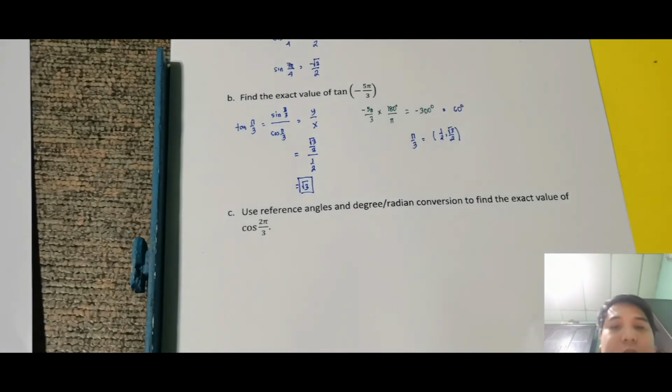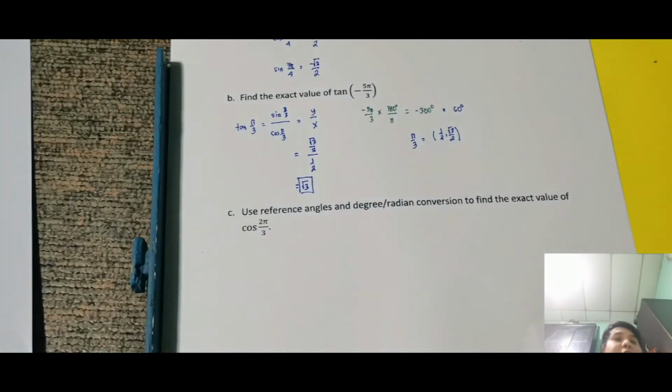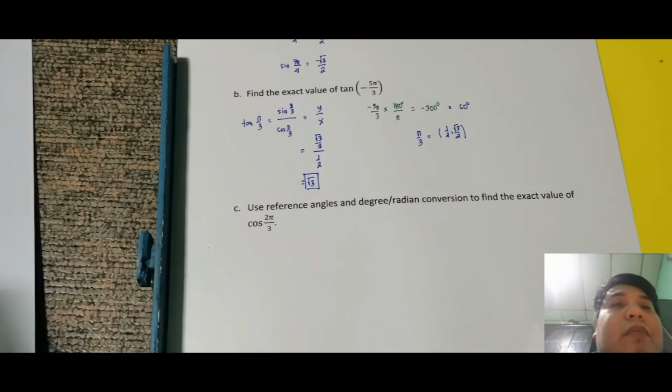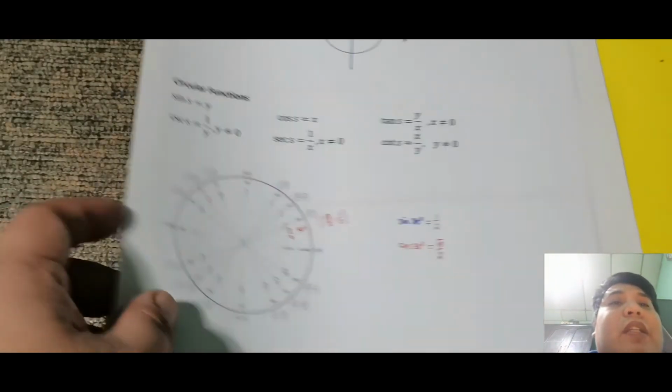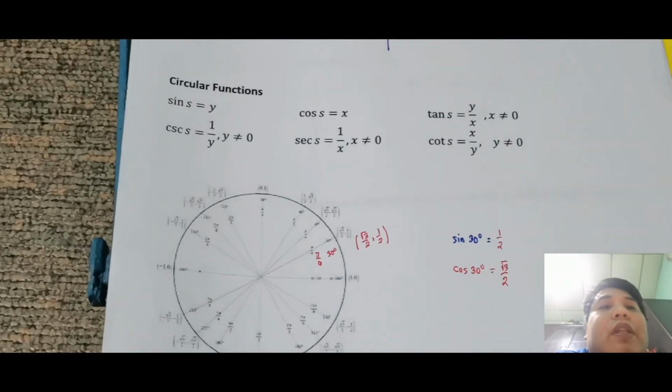Okay, so let's look ahead. What is cosine of 2 pi over 3? The answer is negative 1/2. That's what we will find out, whether it is negative 1/2. For the meantime, let's check. Is 2 pi over 3 here? Zoom in a bit.